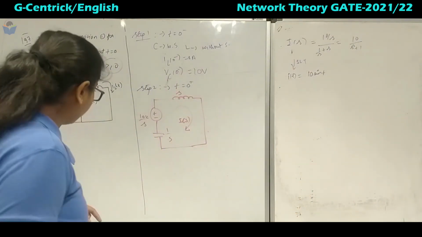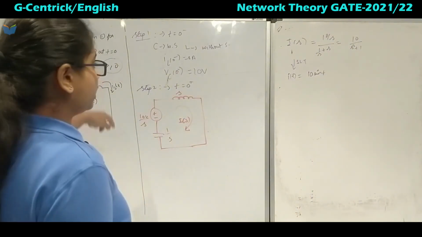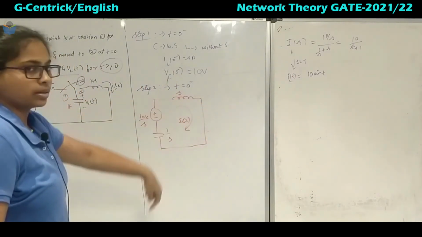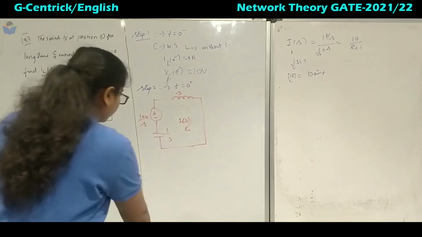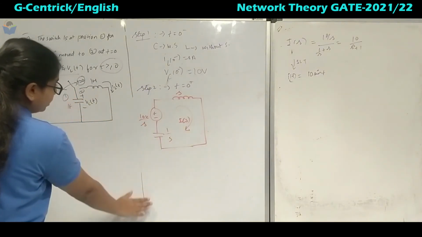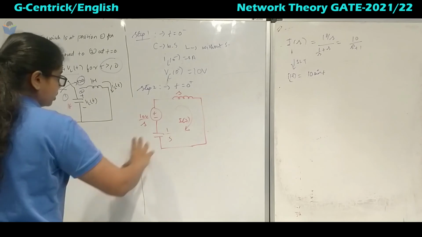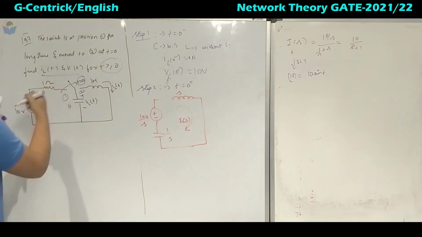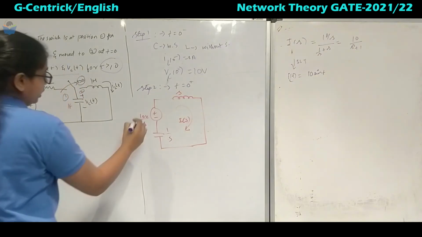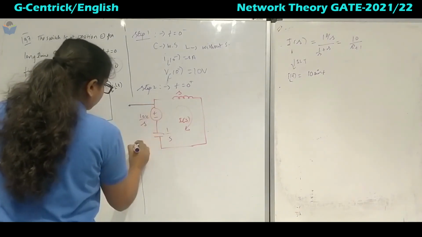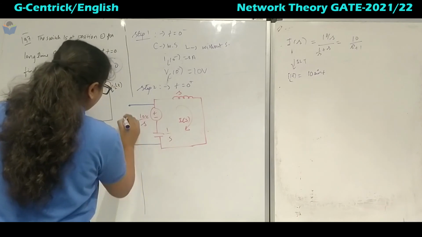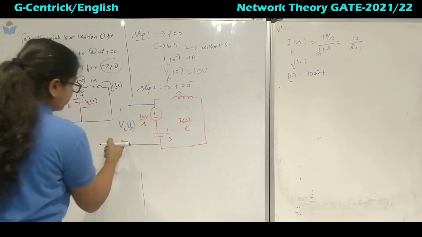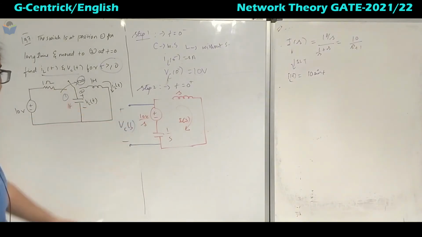Now we have to find the voltage generalized equation. This I of t is also nothing but IL of t, since it's a series circuit. To get it, they have asked for, sorry, this is VC of t, this will not be VL of t, VC of t. Right now it is VC of S, because it's in the Laplace domain.